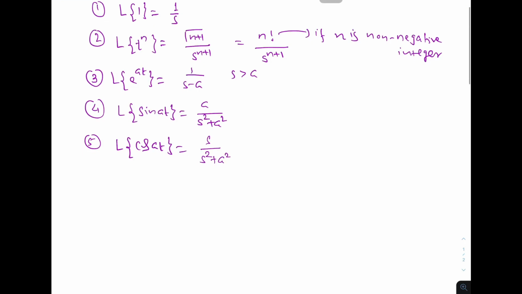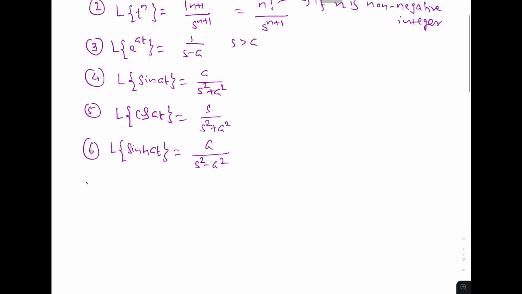Then the Laplace transformation of sin hyperbolic at is a over s square minus a square, and the Laplace transformation of cosine hyperbolic at is s over s square minus a square.